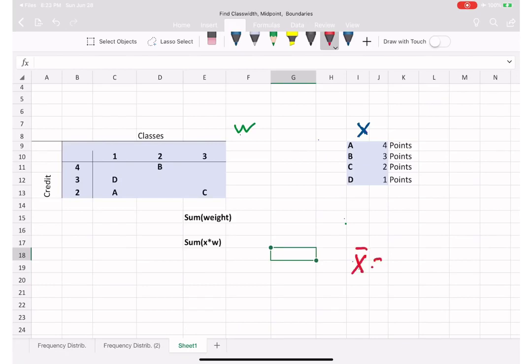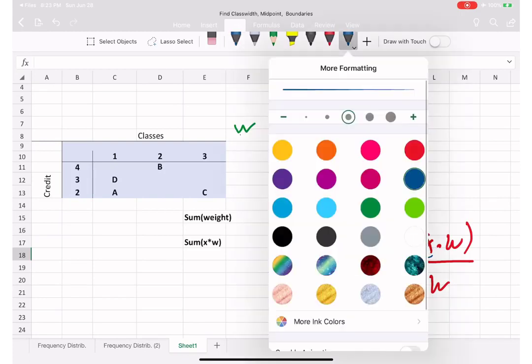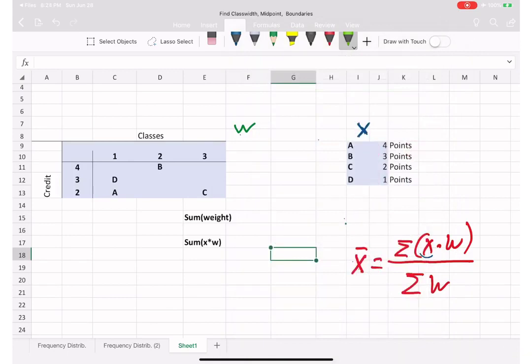X bar is equal to sum of x times w divided by sum of w. So x is given. All we have to do is find w and sum of w, and then add them.